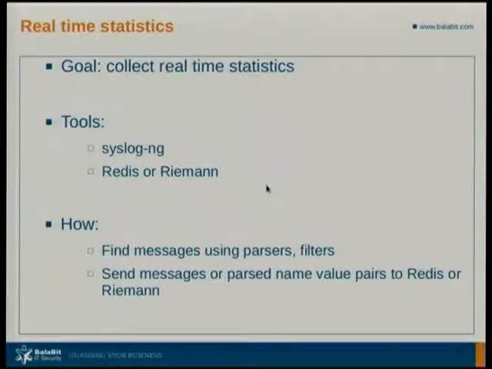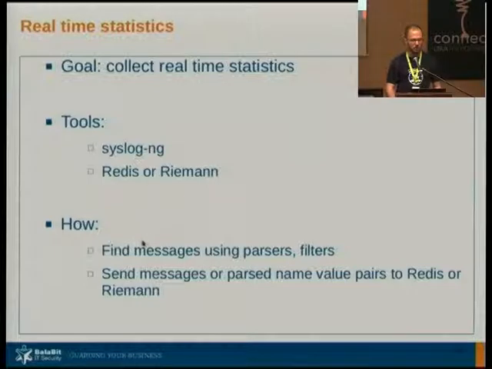Redis and riemann destinations were added recently, so we can feed these statistics related servers with name value pairs. As usual, syslog-ng does message parsing and filtering, and at the end it sends off name value pairs to Redis or riemann.